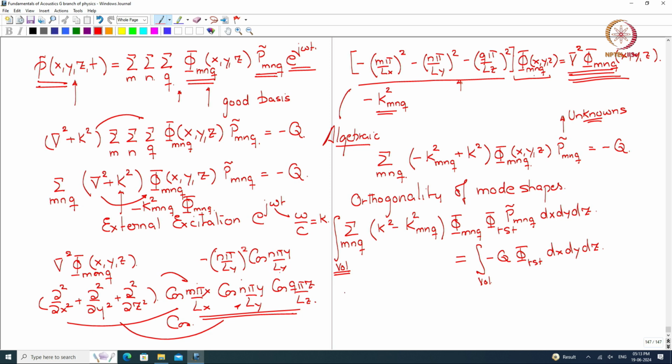The orthogonality now demands that m index has to be equal to r, n has to be equal to s, and q has to be equal to t, so that this integral of volume phi mnq phi rst dv is not equal to 0, okay, is equal to some gamma mnq provided m equal to r, n equal to s, and q equal to t, and equal to 0 otherwise.